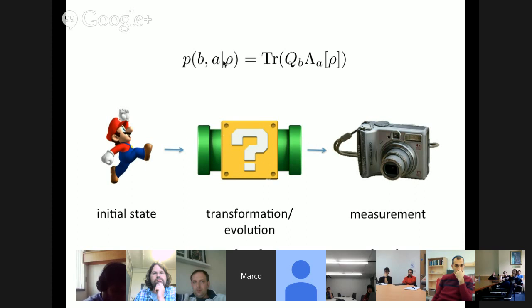And we can define a joint probability distribution for the sub-channel happening and the result of the measurement, like here. And again, this should be clear that this joint probability depends on all three aspects, like the initial state, what is the instrument that we are dealing with, and what is our choice of measurement.